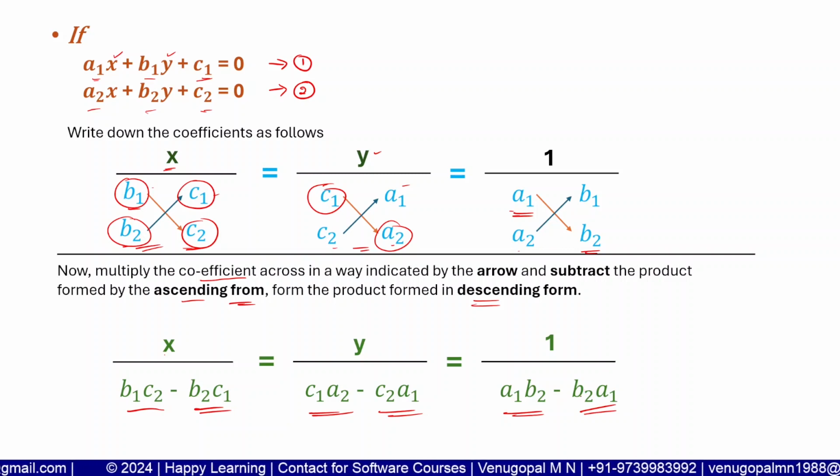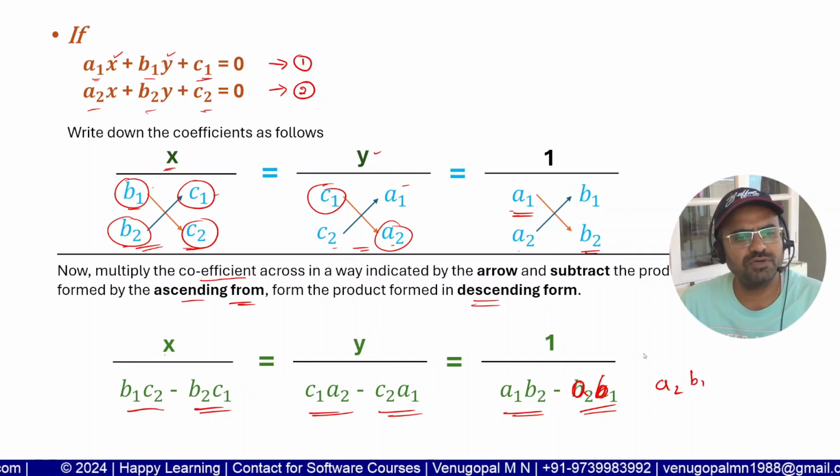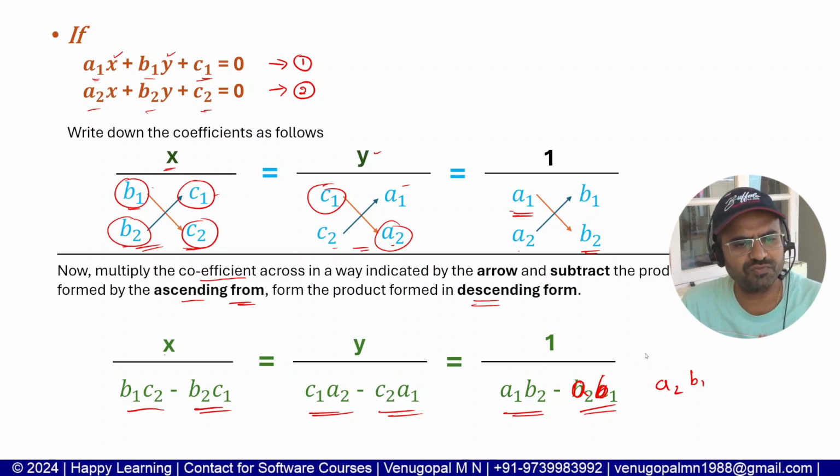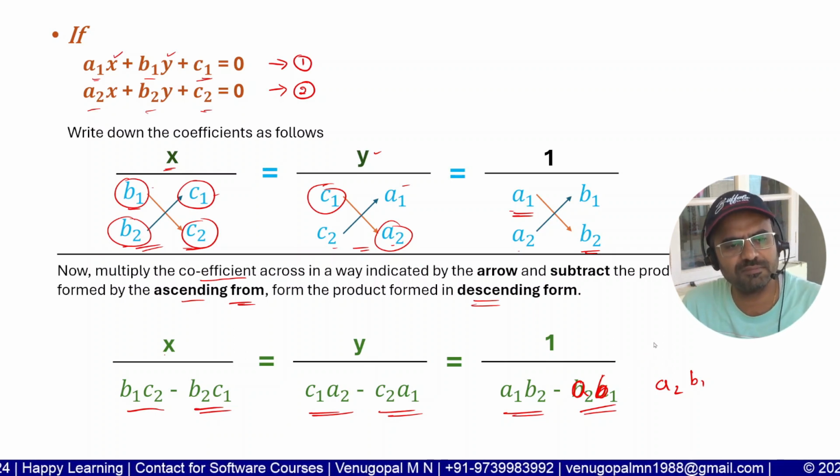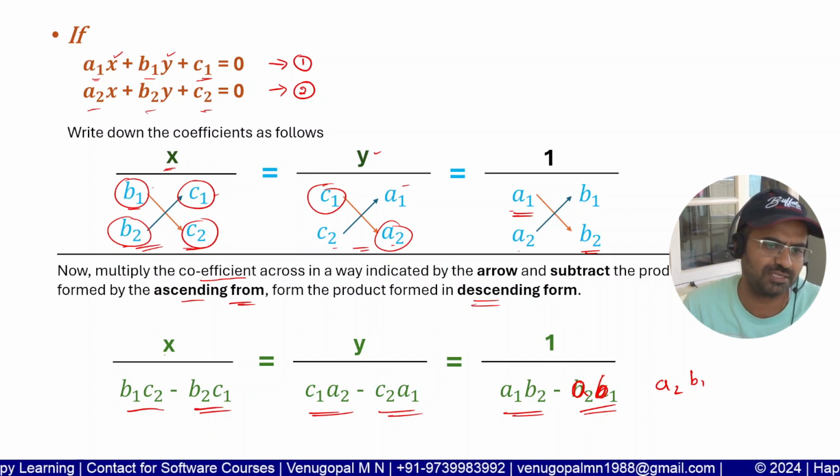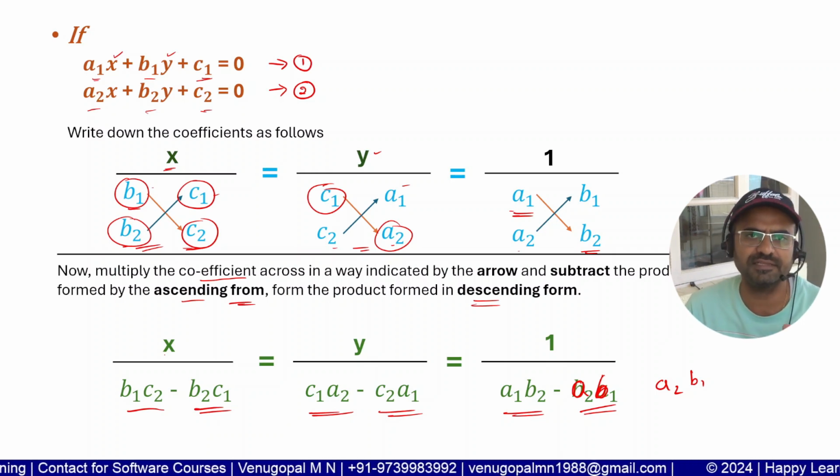I guess this has to be a2 into b1. There was a typo error over here. So now we have understood how we come to this formula. Now let us apply the same concept and solve two examples so that you will have better clarity on the steps.